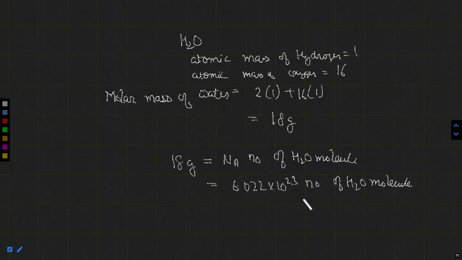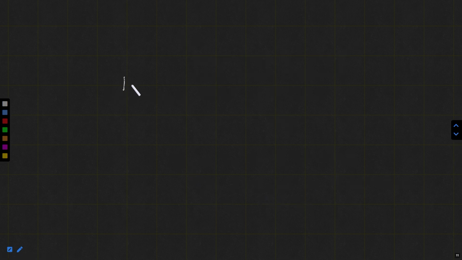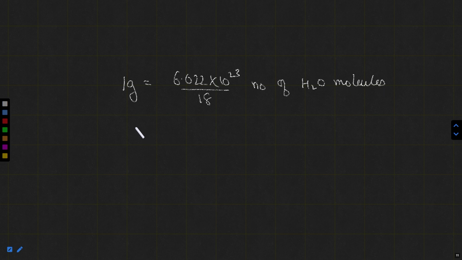So 18 gram contains this many molecules. Now 1 gram will contain 6.022 x 10^23 by 18 H2O molecules.